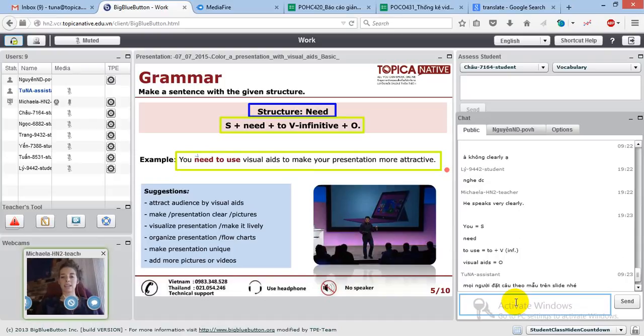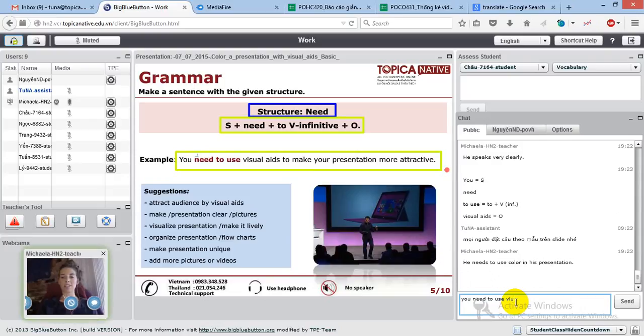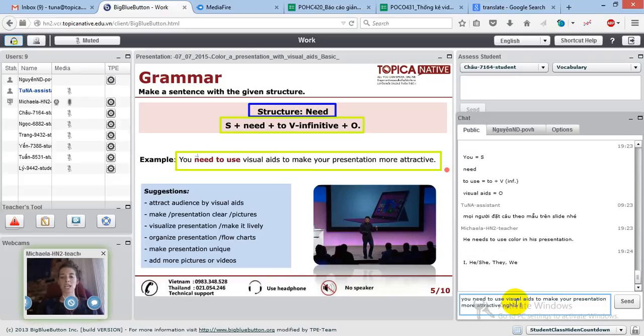He needs to use color in his presentation. All right. So remember, the subject can be I, he or she, they, and we. And he or she will be needs, right, with the S.